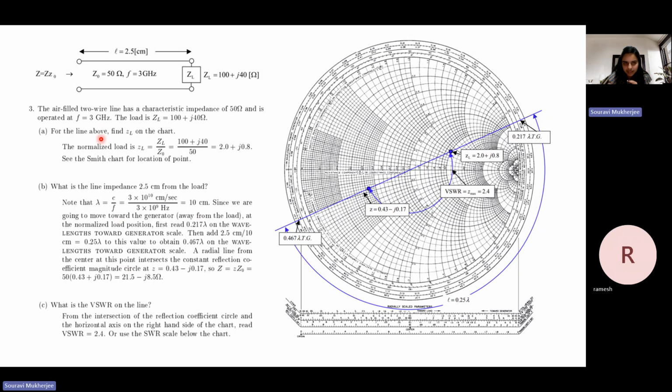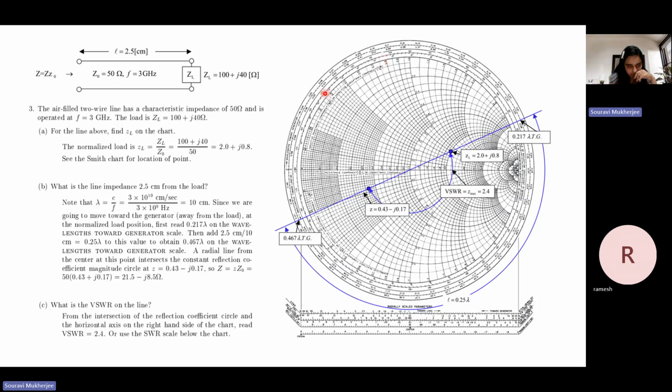So now the question becomes similar. You know the load, you know the characteristic impedance, that is Z naught, and you know the distance in terms of wavelength, that is again 0.25 lambda. Okay, so it's a similar question to what we have initially solved, right? So first normalize it with respect to Z naught, then locate it on the Smith chart. Okay, so if you locate it, you have to look for 0.2 on this line and 8 along these arcs, and then look for where they intersect.